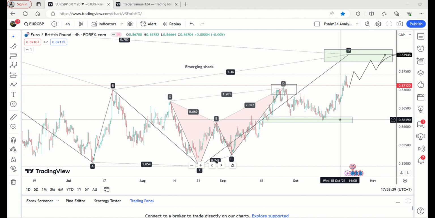When we talk about market geometry, you'll be talking about the fathers of market geometry like Gann, and then maybe Scott, which has to do with the harmonic pattern. So I'm going to talk about one aspect of market geometry, which is harmonic pattern.